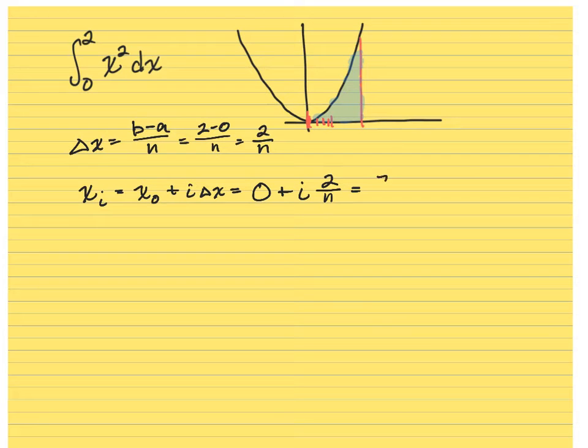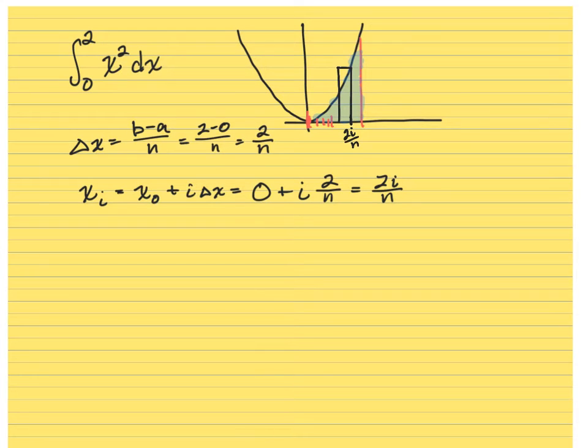In other words, we just get 2i over n. So those are the x's where we'll create the height of our rectangle. We go up until we get to the top and then over. So that's our rectangle.